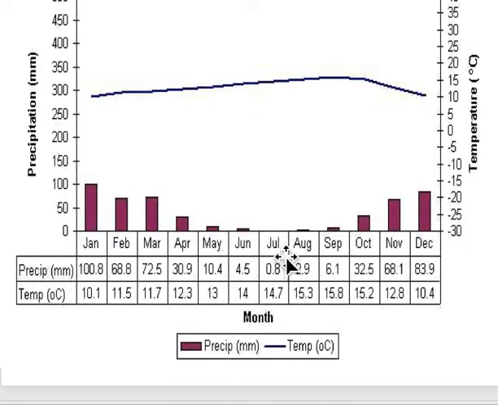Notice July, I don't have any rain at all, hardly any in June and August. So this is really a 2-season wet, dry sort of climate that is fairly cool all year long. Again, I would guess that this is close to a large body of water because I'm not seeing a big change between winter and summer temperatures.